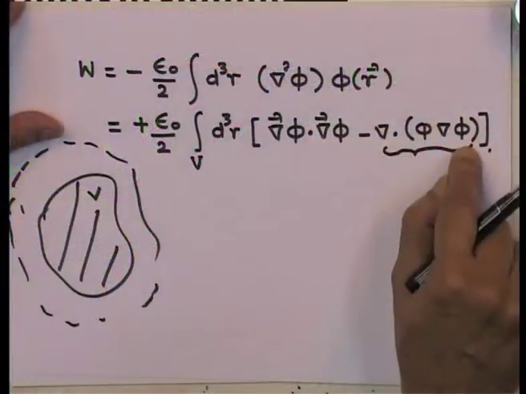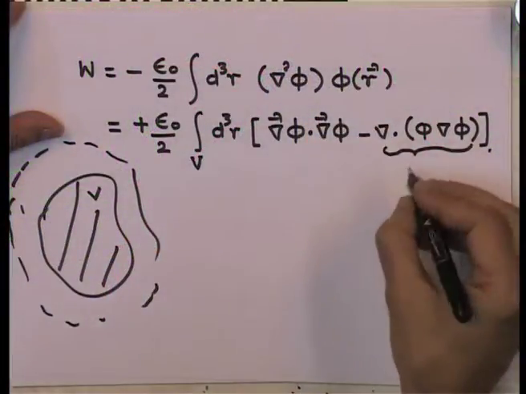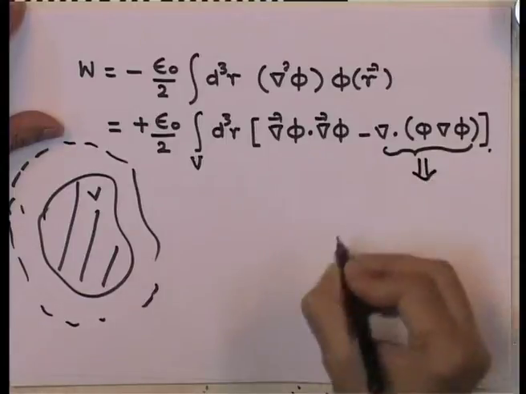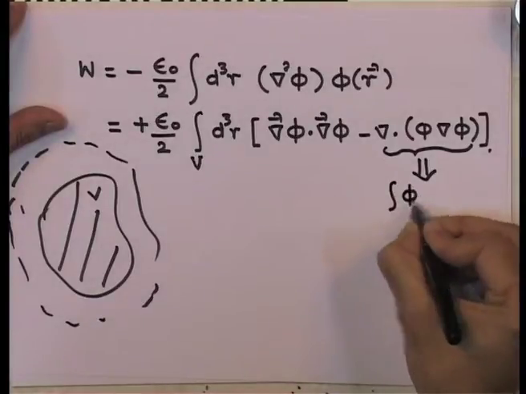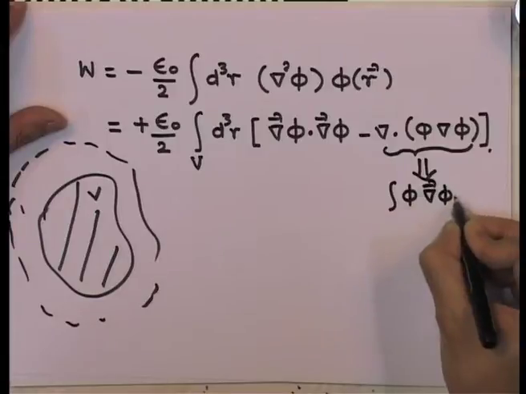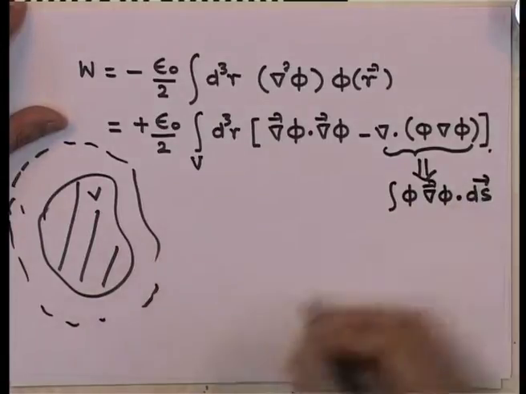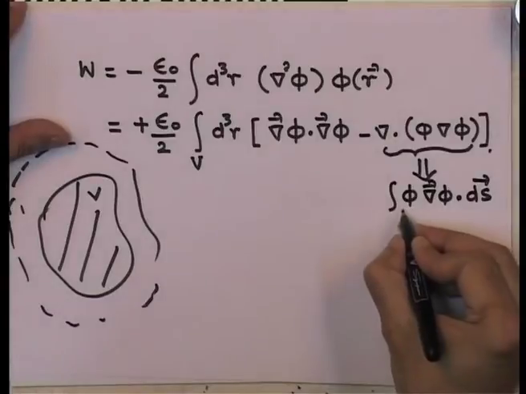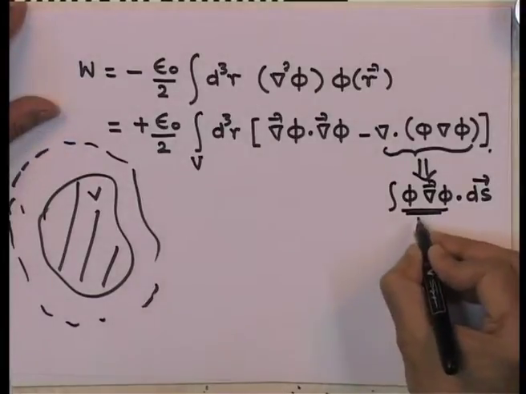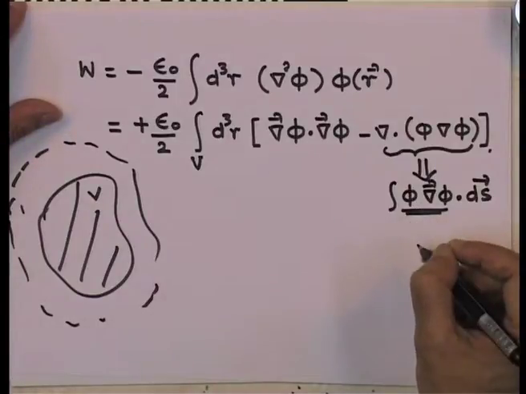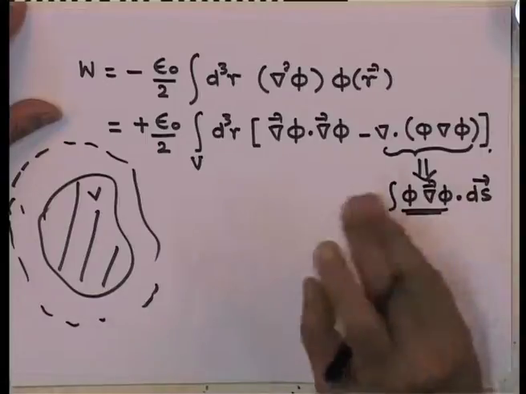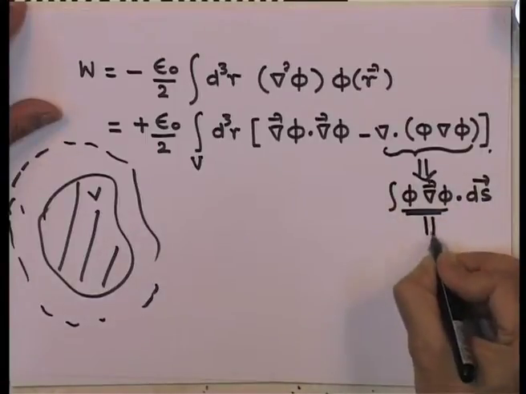Now, if I do that, then this term, dq bar del dot phi del phi, by divergence theorem gives me phi grad phi dotted with ds. In this I need to plug in the potential or its derivative, namely the electric field, only on the surface. If I take the surface as going to infinity, then of course this term goes to 0.